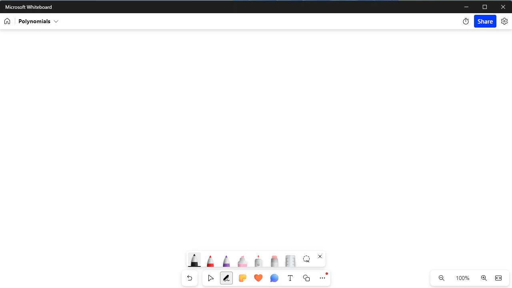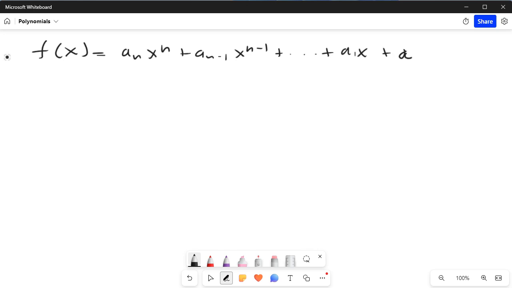A polynomial is essentially a function given by a_n x to the n plus a_(n-1) x to the n minus 1, and so on down to a_1 x plus a_0. These coefficients are just real numbers, constants in either case, and the degree of this is n.